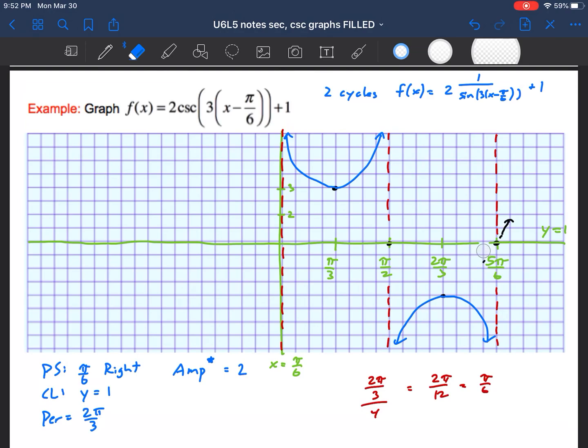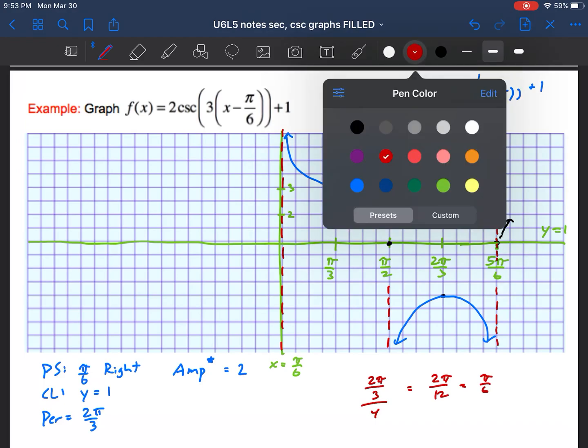That's the actual graph of cosecant. All right, let's do this green. Let's fill this in a little bit. Okay, good enough. Not good enough. There we go. All right, we got to do the same thing on the other side, and then we're set.